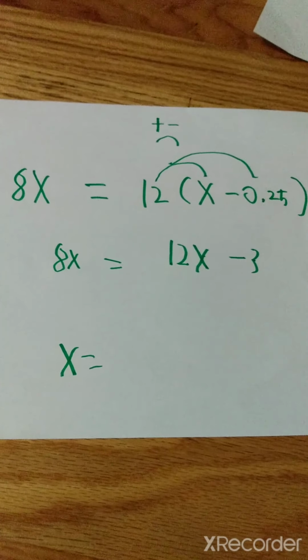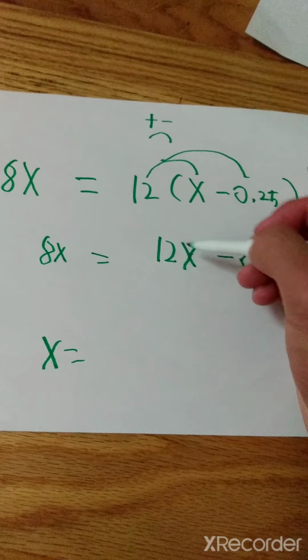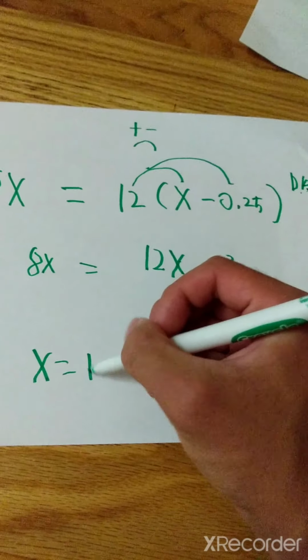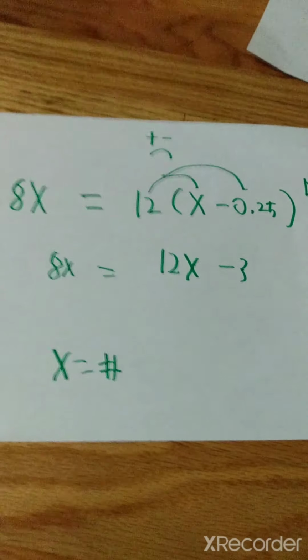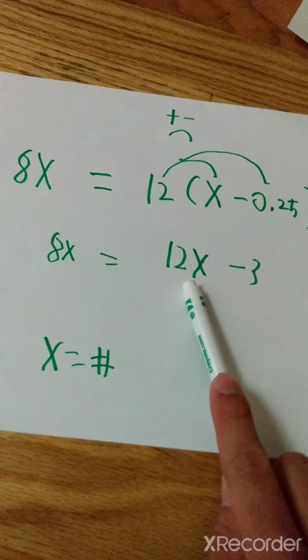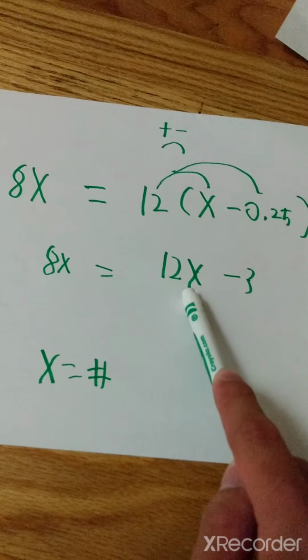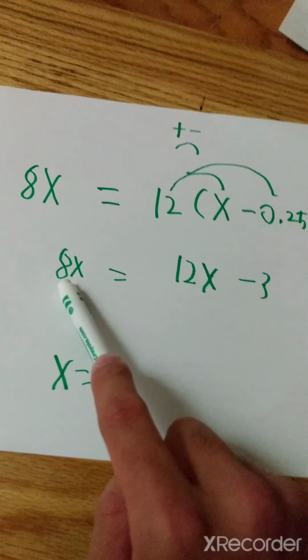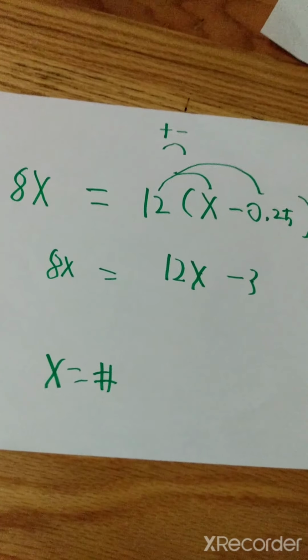When trying to solve for x, we want to have a variable on one side and a number on the other side. That 12x is not supposed to be there because it has to be combined with the 8x.